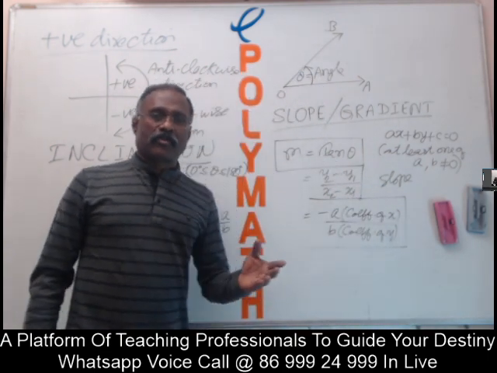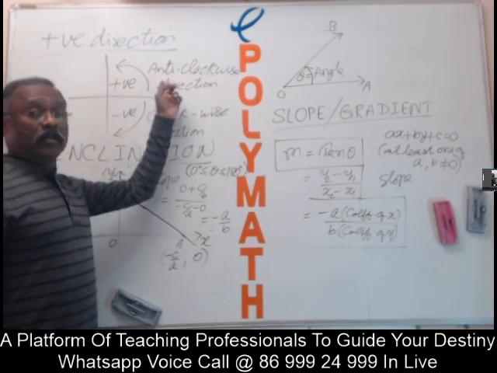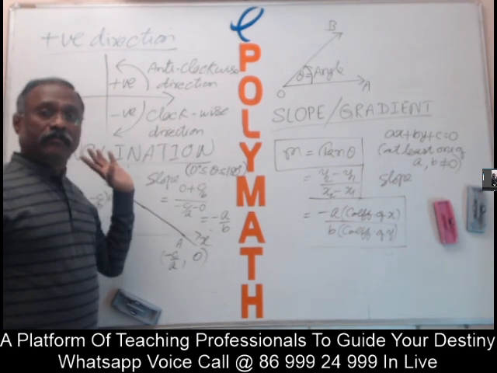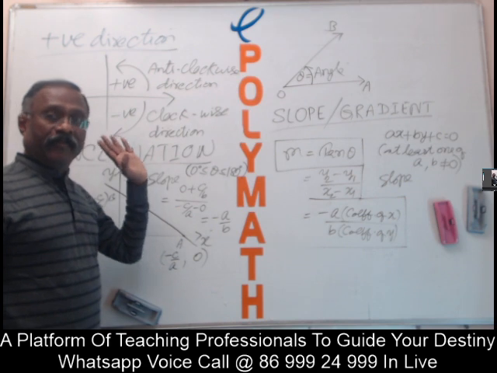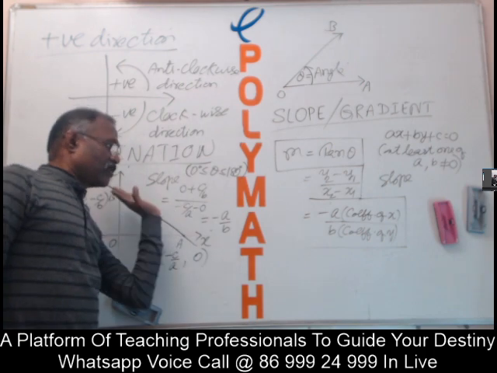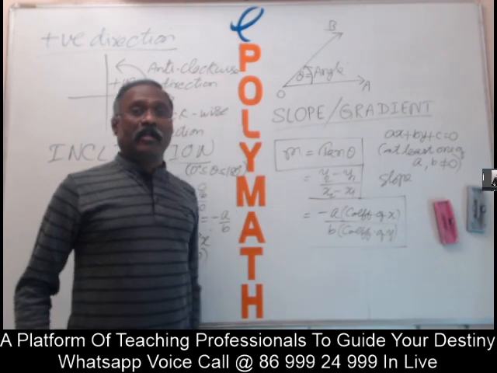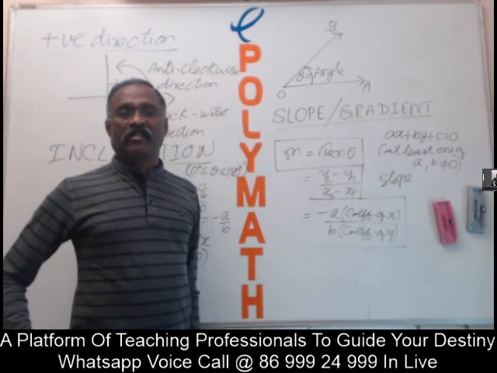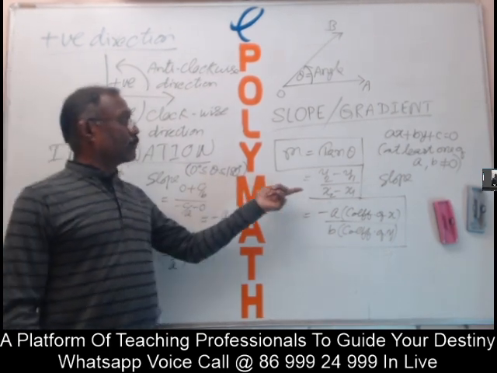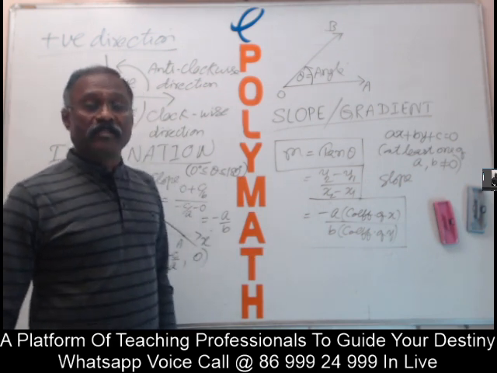So, what is the moral of the story here? Number 1, anti-clockwise direction is the positive direction. Clockwise direction is the negative direction. In the name itself, we have the meaning of it. Number 2, inclination is the angle made by a line with the x-axis in the positive direction, and the tangent of inclination is nothing but the slope: m is equal to tan theta. If 2 points on the line are given, then slope is the difference of y coordinates by the difference of x coordinates.